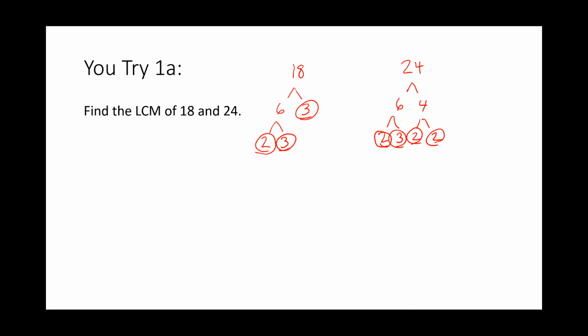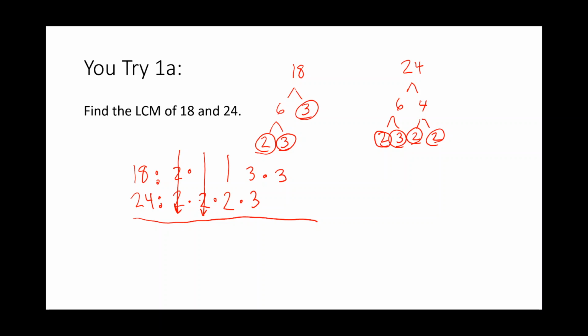Now let's build our table. We have an 18 row and a 24 row. Let's start with 24. 24 is 2 times 2 times 2 times 3. 18 is 2 times 3 times 3. Oh my goodness, this is going to be a large number.